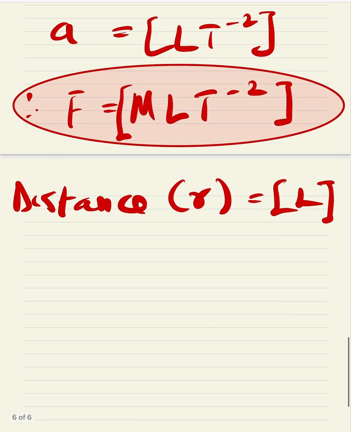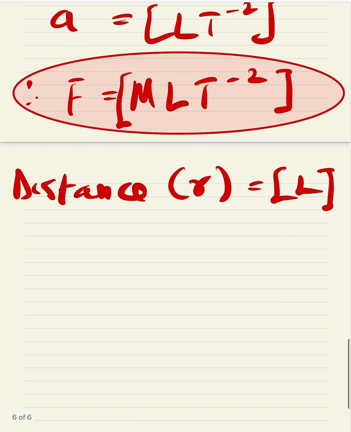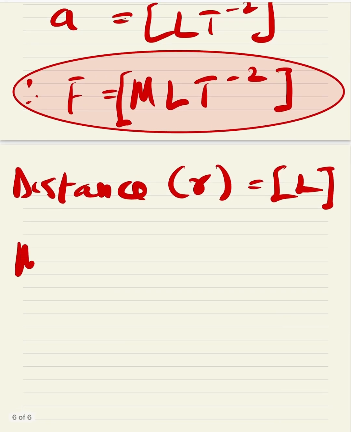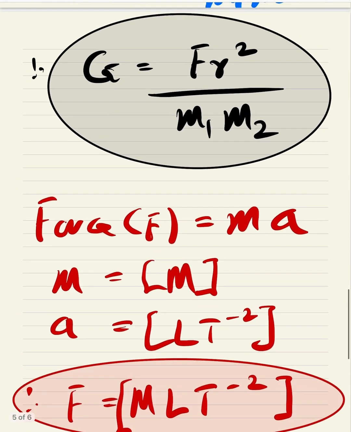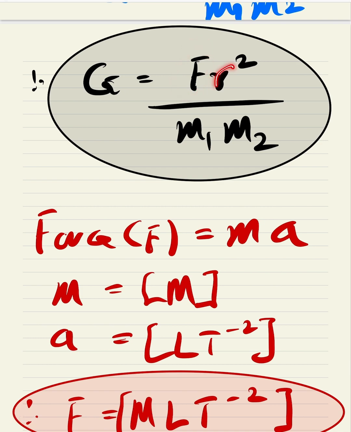And the last one, which is the mass as well, m will be the mass, which will still be the capital M as well. So now, in short, we have been able to get the three parameters that are there, which is the F, r, and the m, right?